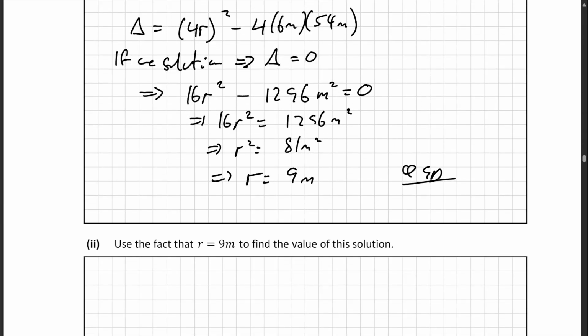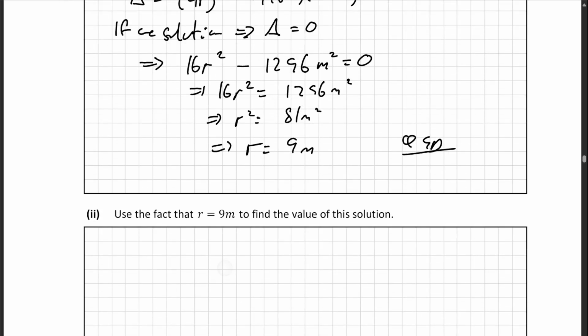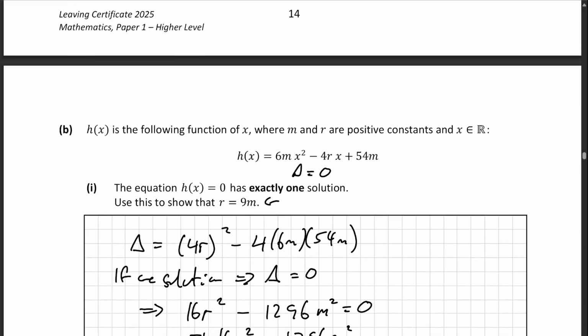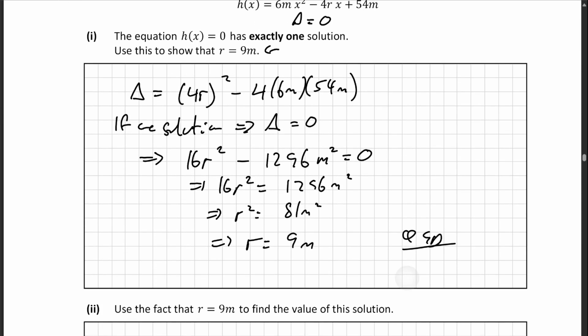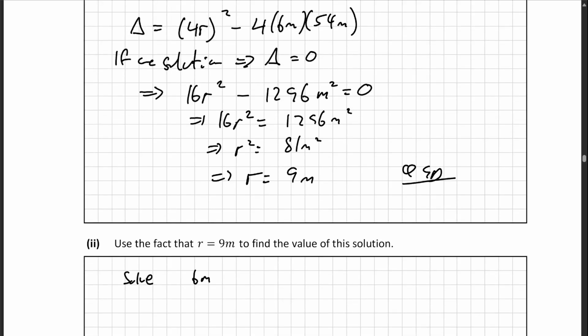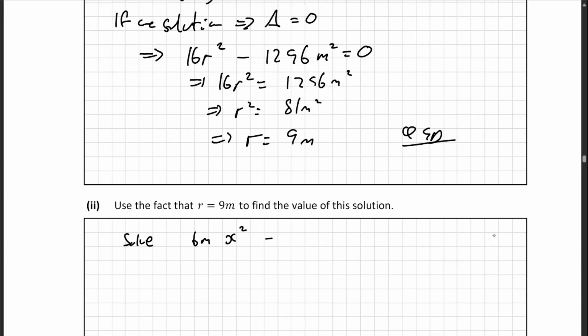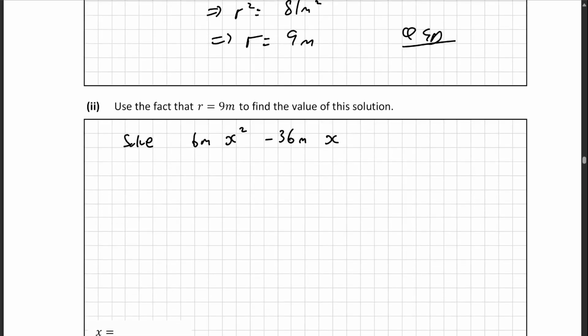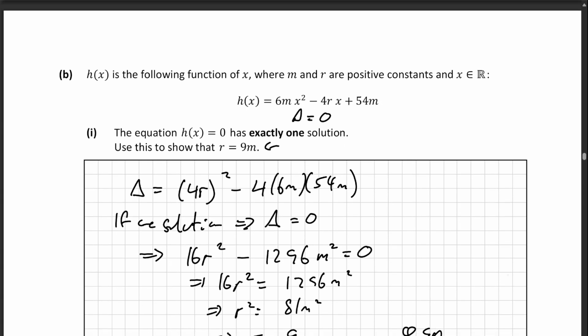Okay, so r equals 9m for the value of this solution. So now we're going to solve h of x equal to 0. So 6m x squared, 4 lots of 9, so minus 36m x, plus 54m equals 0. Now, are we assuming m is non-zero?